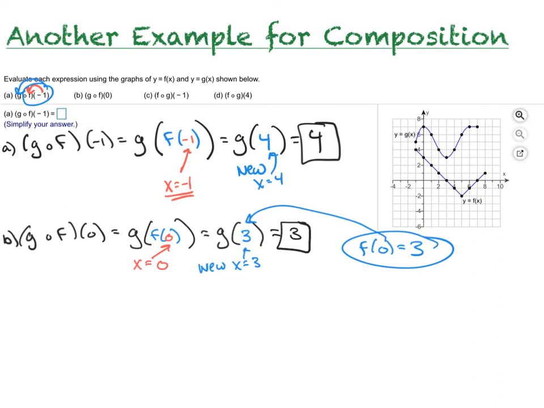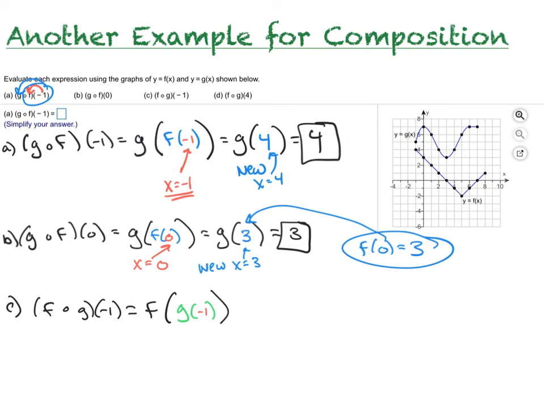Okay, let's do another one. C. f of g of -1. So now f is on the outside. Let's do g in green. And then -1 is our new x.